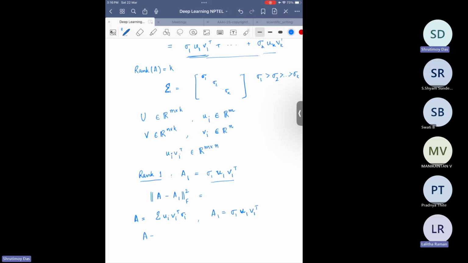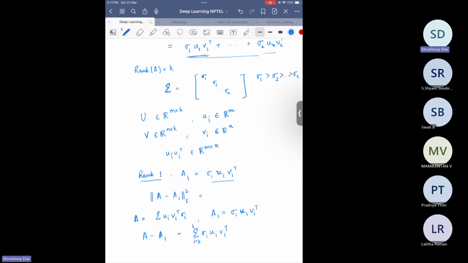So A minus A1 is the summation from i equal to 2 to k of all the remaining terms, sigma i ui vi transpose. That means A1 is not exactly A; its size is the same, but it is not exactly A.